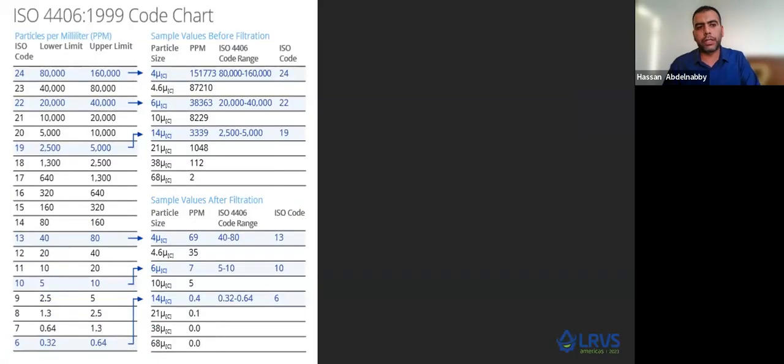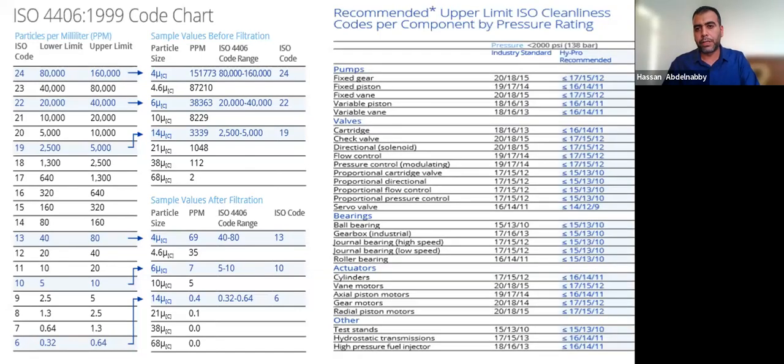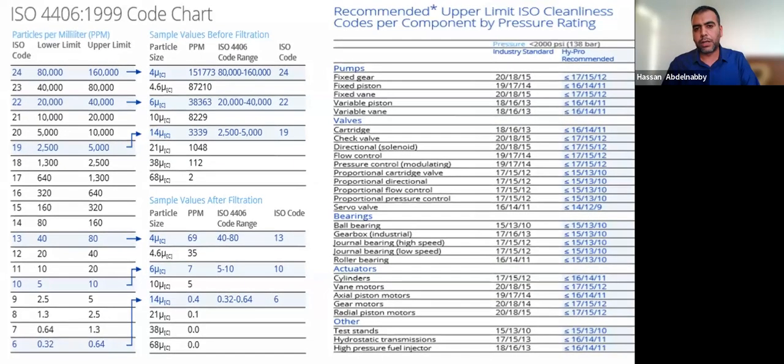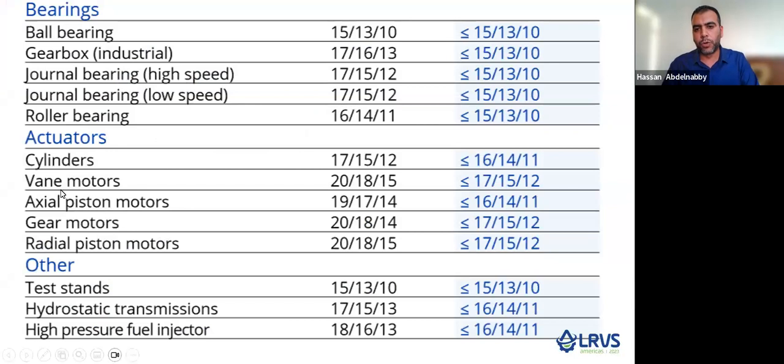That's why they created ISO 4406, in order to come up with a standard to communicate with each other what the contamination level or cleanliness level is. So we can come up with a normal cleanliness level and a recommended cleanliness level.